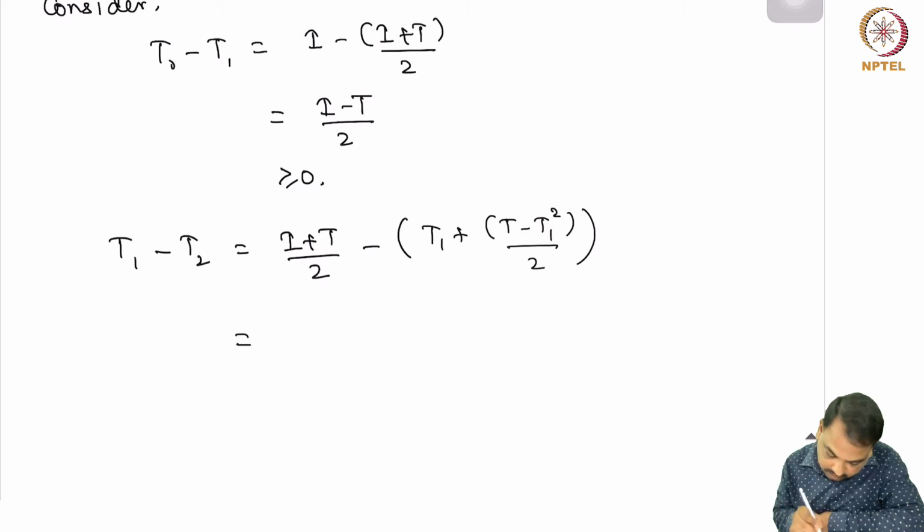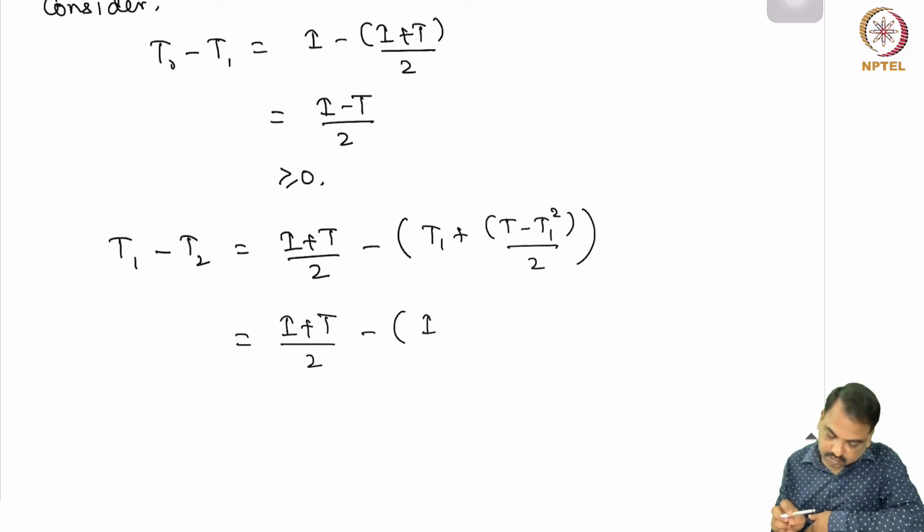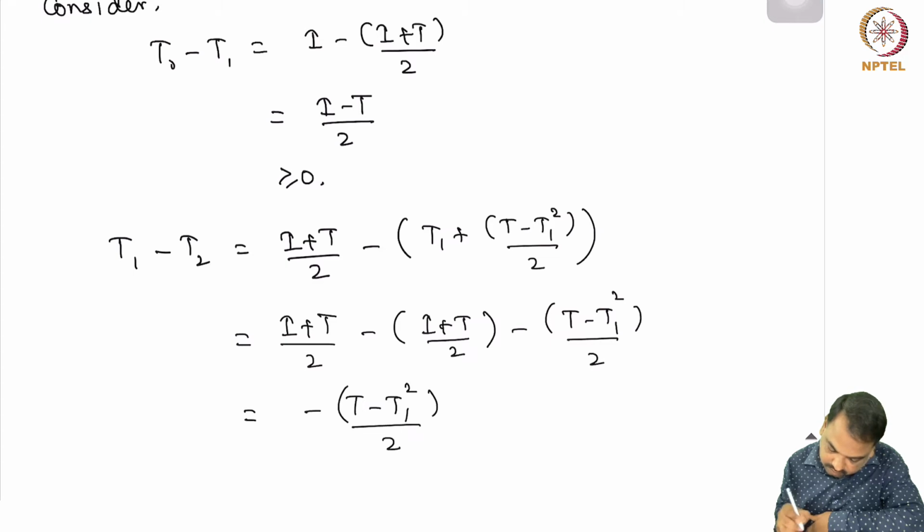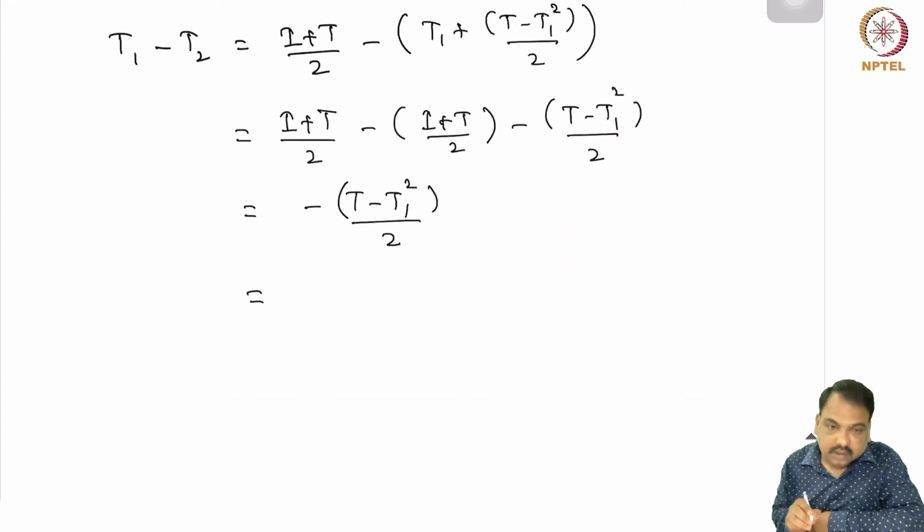This is I plus T by 2 minus I plus T by 2 minus T minus T1 square by 2, so this is T1 square minus T by 2.